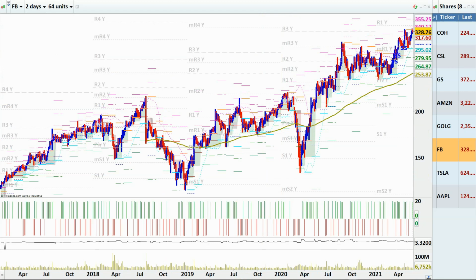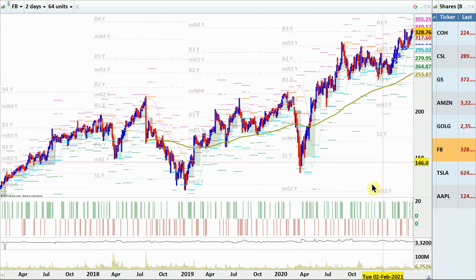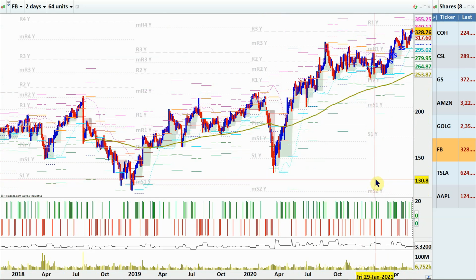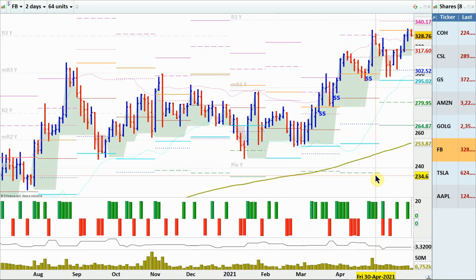I can see this is a Facebook chart, but is the concept the same on all the instruments? The concepts are the same for all the instruments across the asset classes.